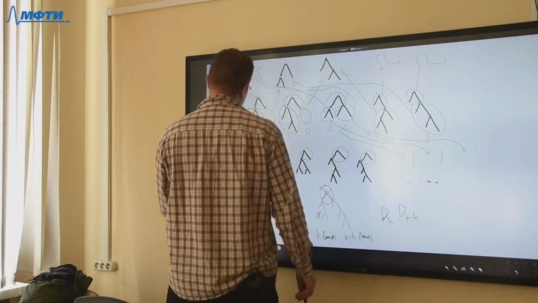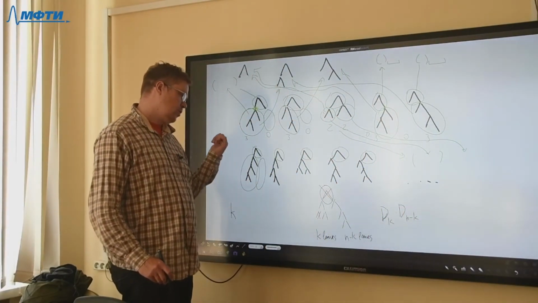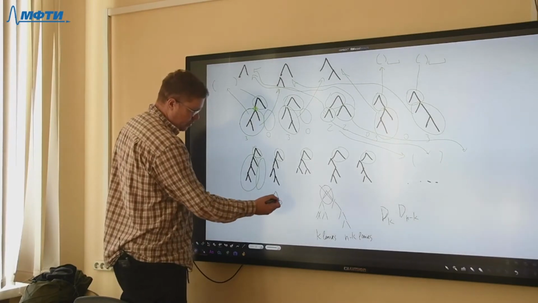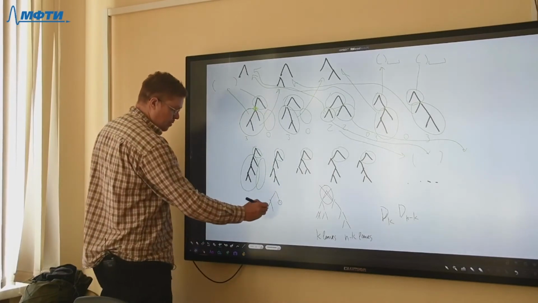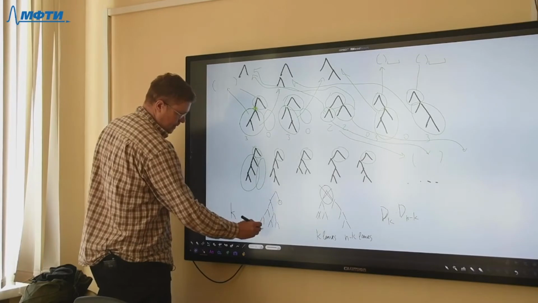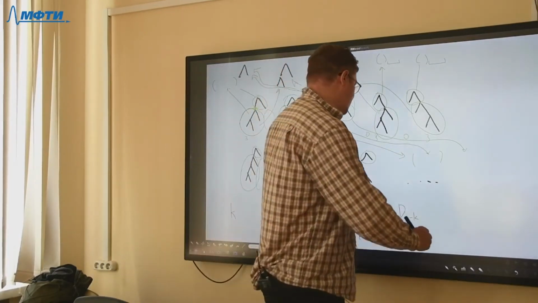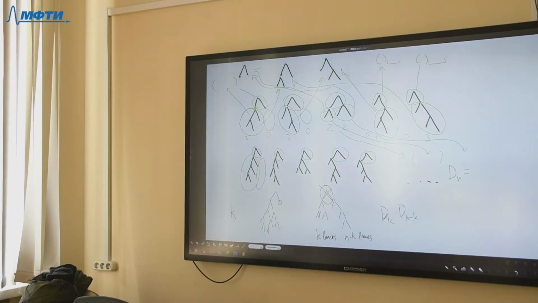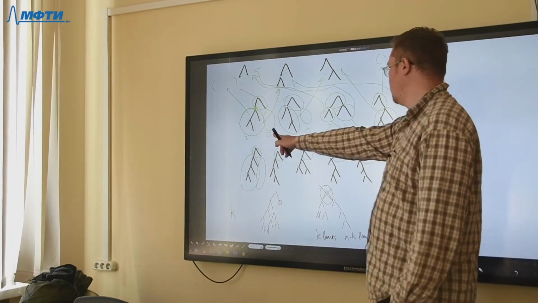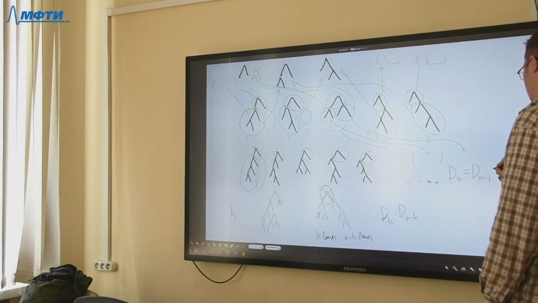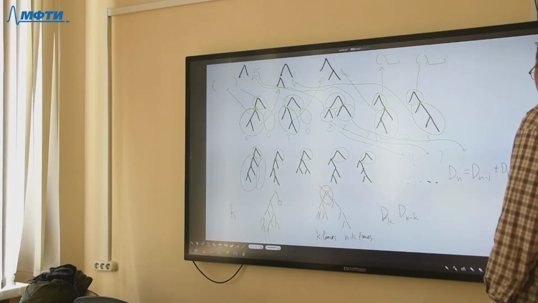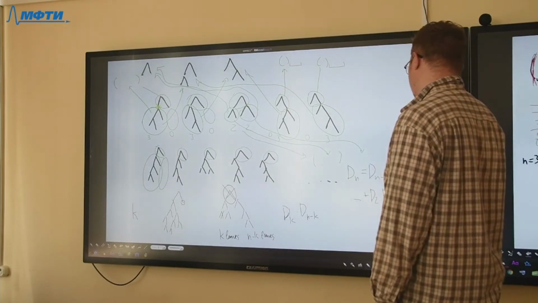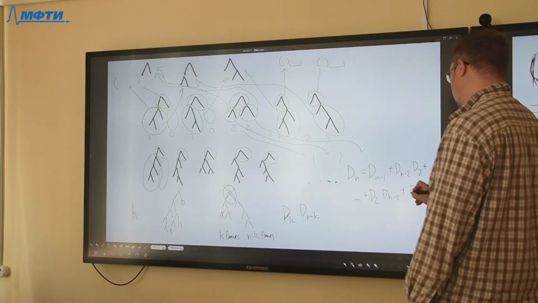But I need to be careful, because this will happen if k goes from 1 to n minus 1, because there is also a type of situation where I have a leaf here, and so I need to write something like, the formula will be something like d_n is equal to d_{n-1} plus d_{n-2} times d_2 plus etc. plus d_2 times d_{n-2} plus d_{n-1}.